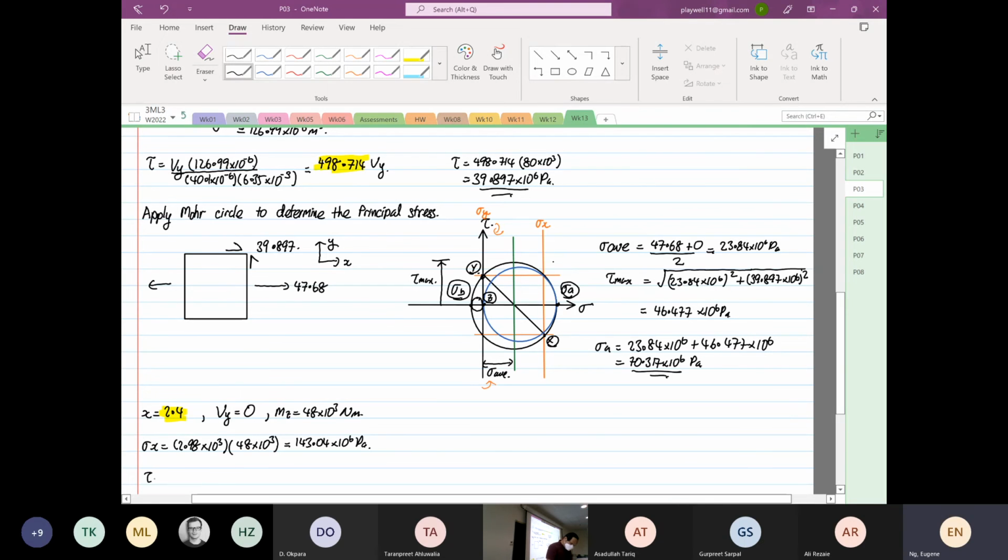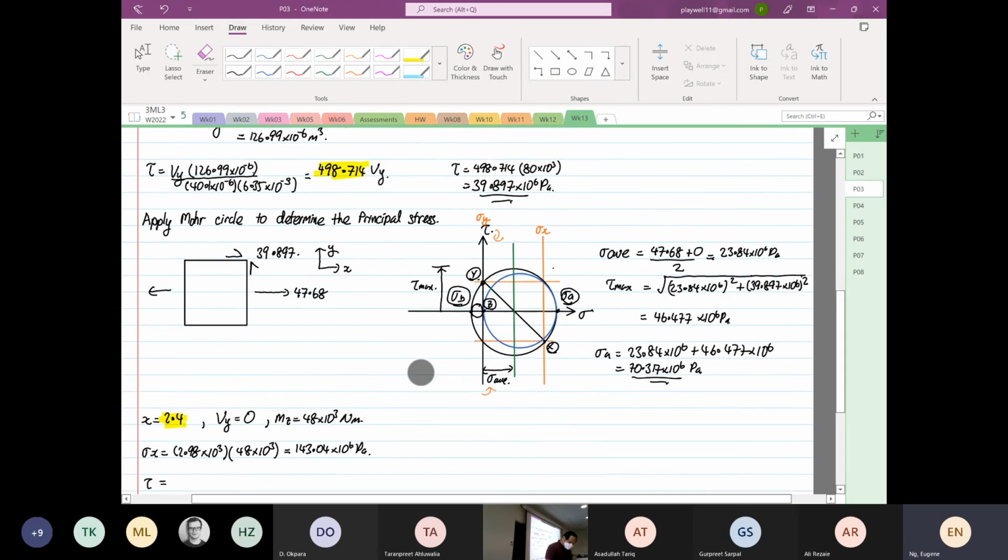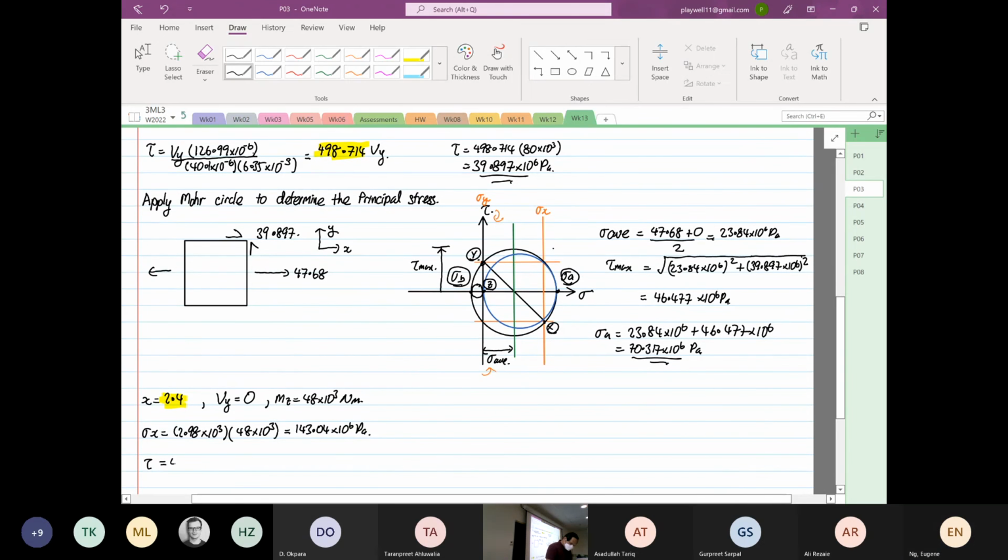And then the shear is equal to 498.714 multiplied by 0, which is equal to 0. Okay. At the same time, you can calculate your stress average.